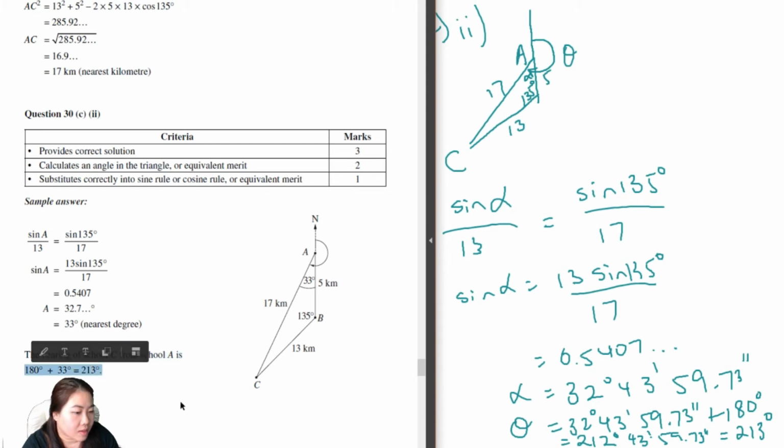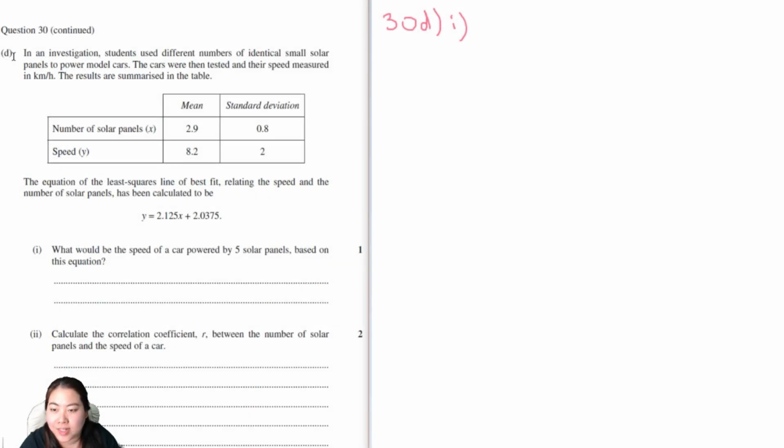Yay! Excellent. Question 30D. In an investigation, students use different numbers of identical small solar panels to power model cars. The cars were then tested and their speed measured in kilometers per hour. The results are summarized in the table: number of solar panels, speed.